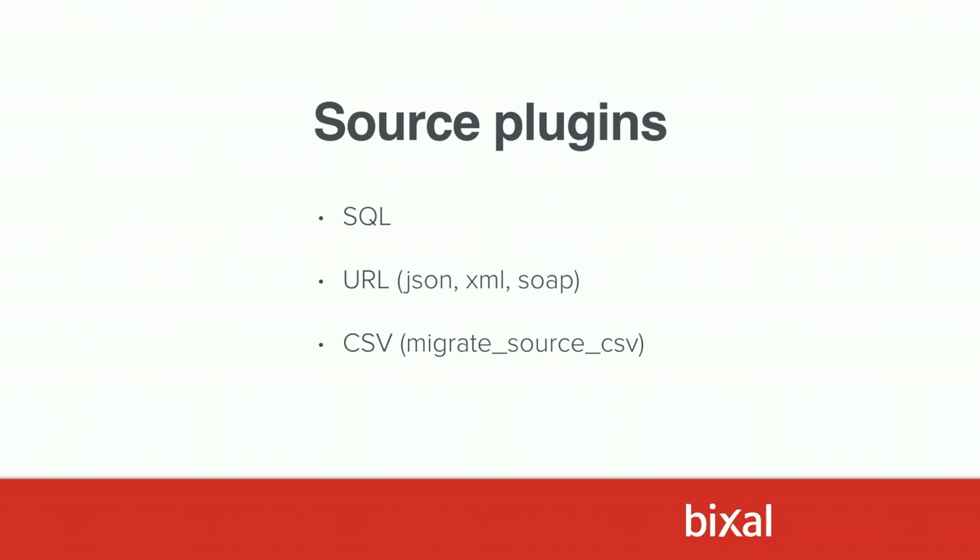The URL source also supports parsers, so we can parse through JSON, XML, and SOAP out of the box. And there's another module that we can install too, called Migrate Source CSV, which provides a plugin to migrate from CSV to Drupal 8. Those are the most used ones. And if we have a special need, we can write our own source plugin too.